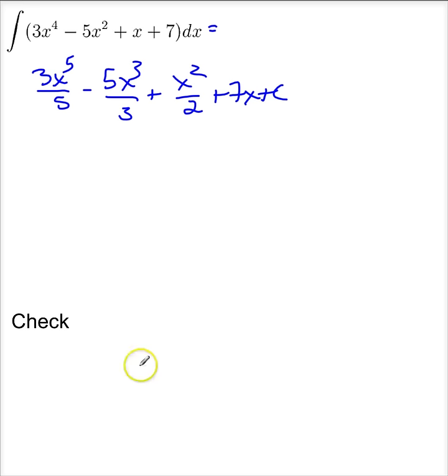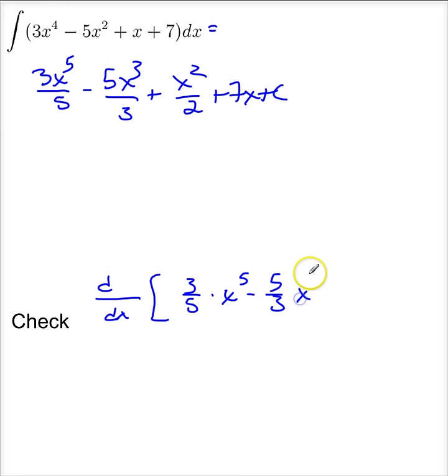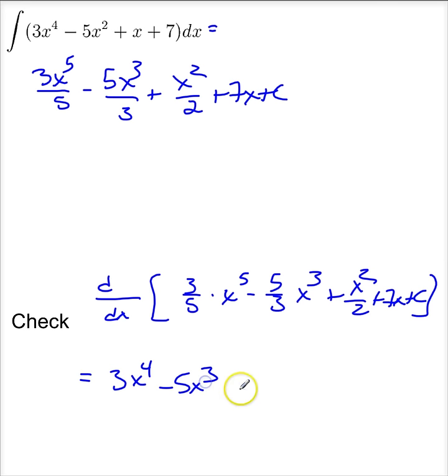So if I want to check this, I just take the derivative with respect to x of 3/5 x to the 5th minus 5/3 x cubed plus x squared over 2 plus 7x plus c. So this becomes 3x to the 4th minus 5x squared plus x plus 7, which is indeed my integrand. I'm good.